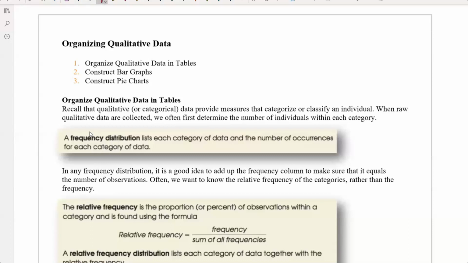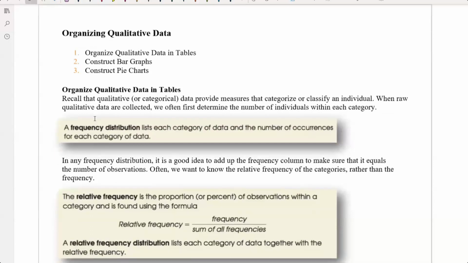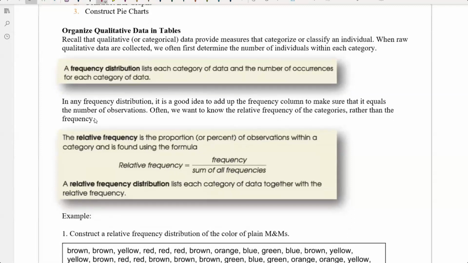We have qualitative data. Okay, the first part we have frequency distribution. What we're going to do on this part is that first step we have to list our data.